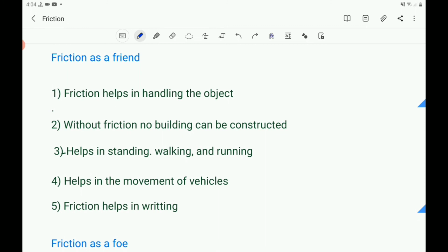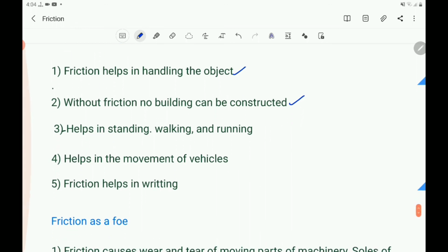Friction helps in handling the object. Without friction, we can't handle the objects. So, friction gives the grip to handle the objects. Without friction, no building can be constructed. Friction helps in standing, walking, and running. Friction gives the grip between the foot and the surface of the floor or road.